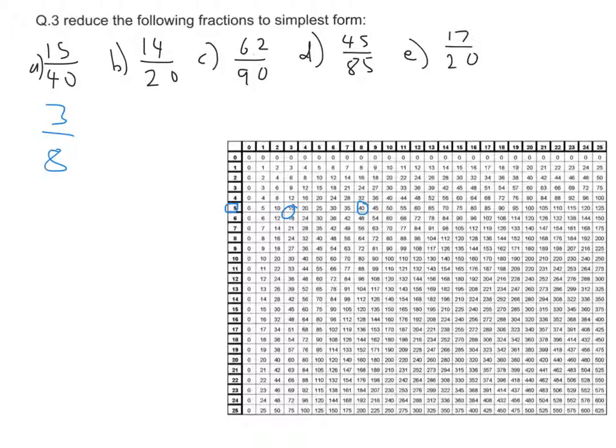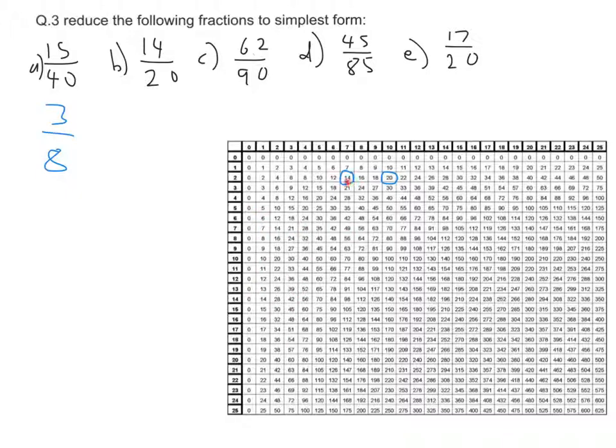Okay, so next one. 14 over 20. I can see that there's a number 14 over here and a number 20 here. It's in the same row of multiples, in this case the multiples of 2. So 2 is the common factor. It's the highest common factor because you won't find these two numbers in the same row anywhere else.